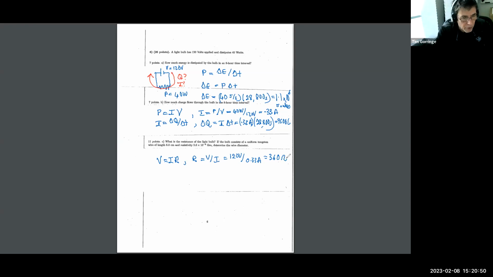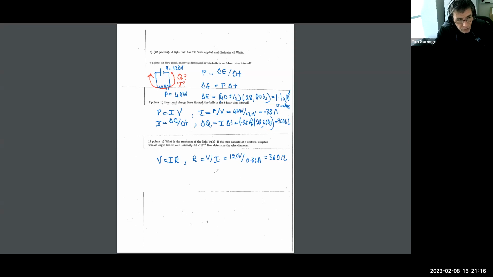The second part of the problem asks us to calculate the diameter of the wire. And to calculate the diameter of the wire, I'm going to use the relationship between the resistance of the lamp, which we know, and then those geometrical and physical properties of the lamp's wire.